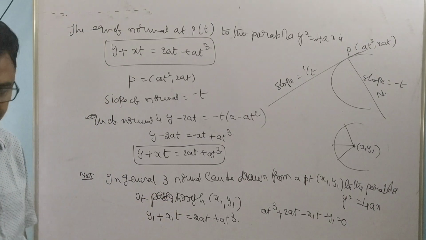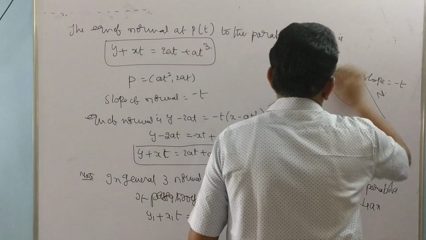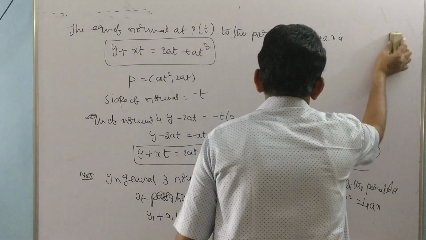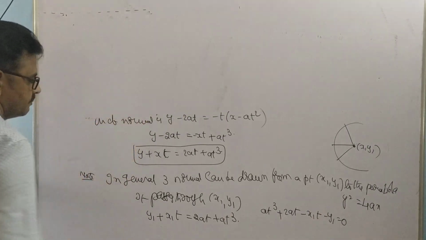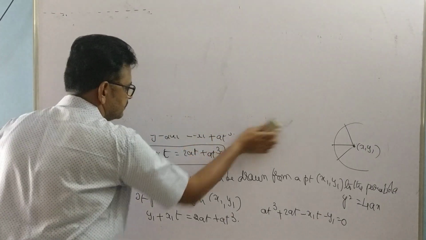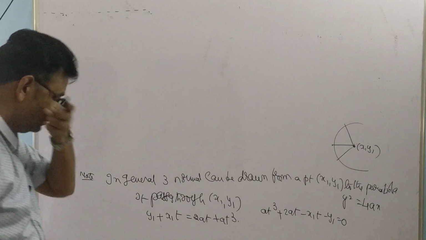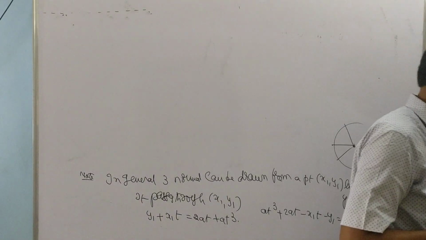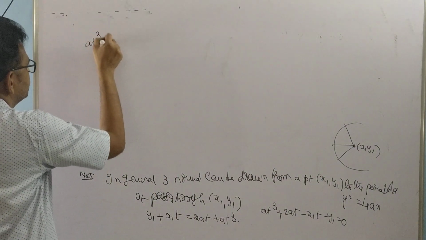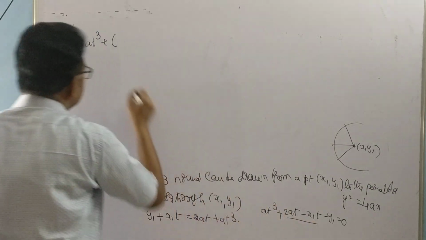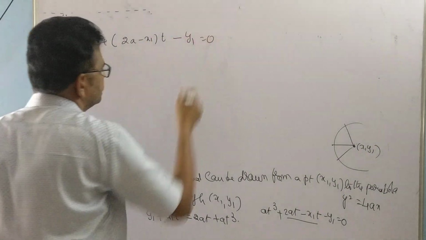So you write at cube plus, taking t common, 2a minus x1 into t minus y1 equal to 0.